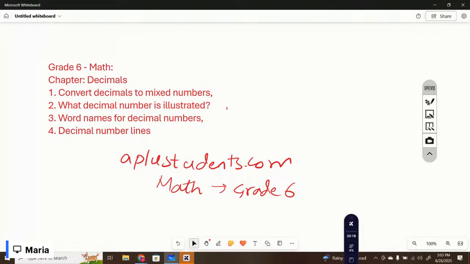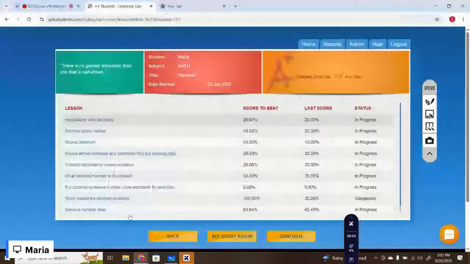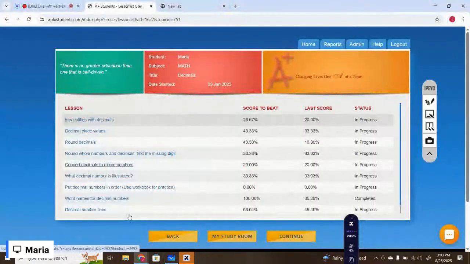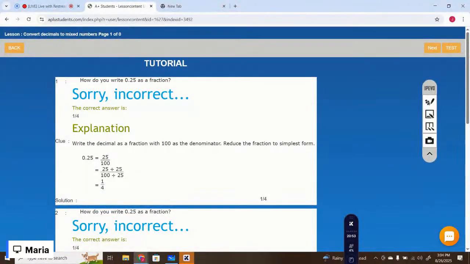Here I'm on grade 6 math. Let's just start with the lesson convert decimals to mixed numbers. How do you write 0.25 as a fraction?